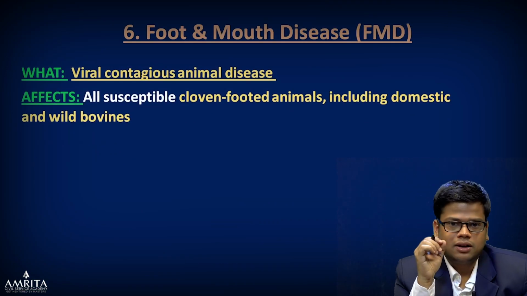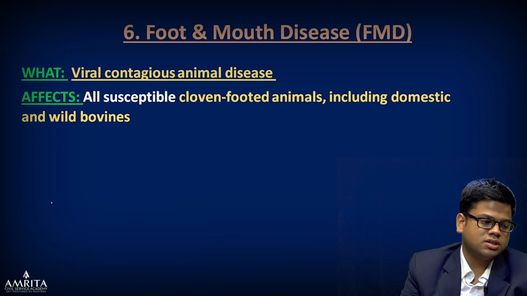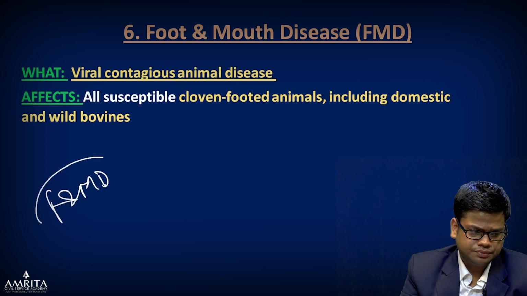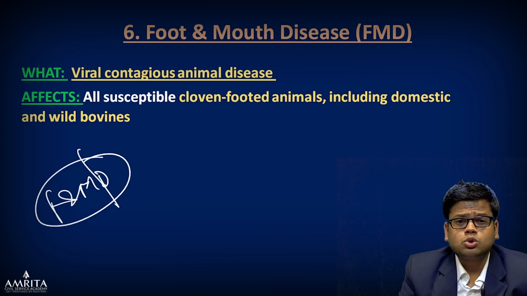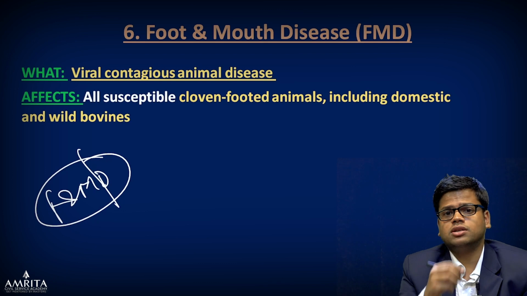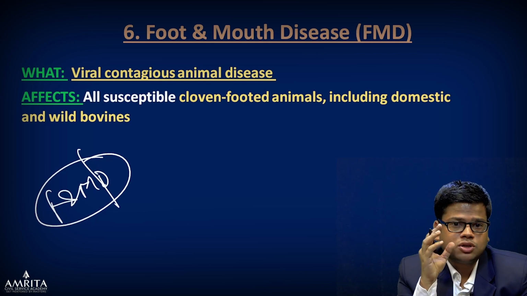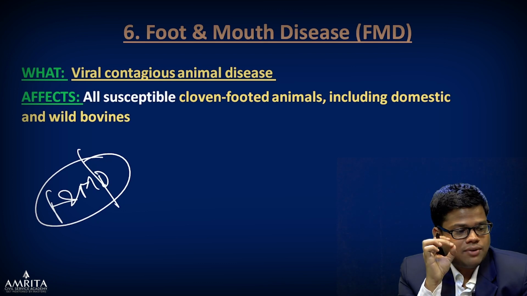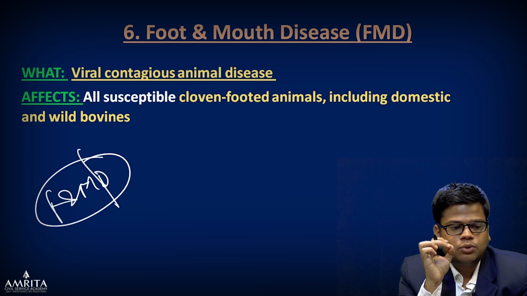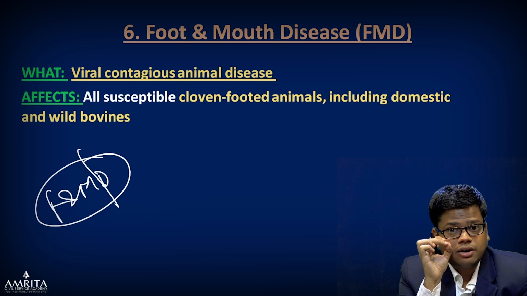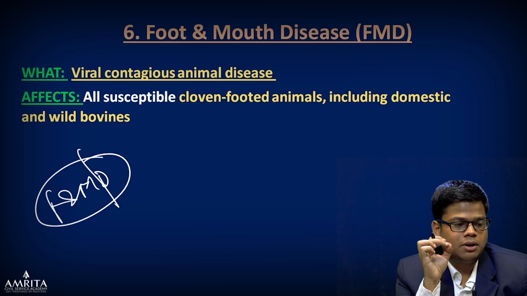Next is another viral disease, that is foot and mouth disease. Now this disease is really important because in India we lose a lot of animal resources, livestock resources, because of this disease. Okay, so it's a viral contagious animal disease. Who are susceptible? The cloven-footed animals, including the domestic and the wild. Bovines are really susceptible and vulnerable to this.